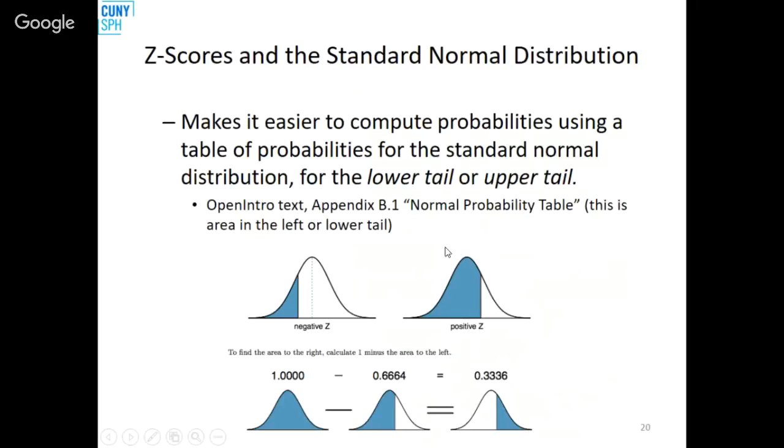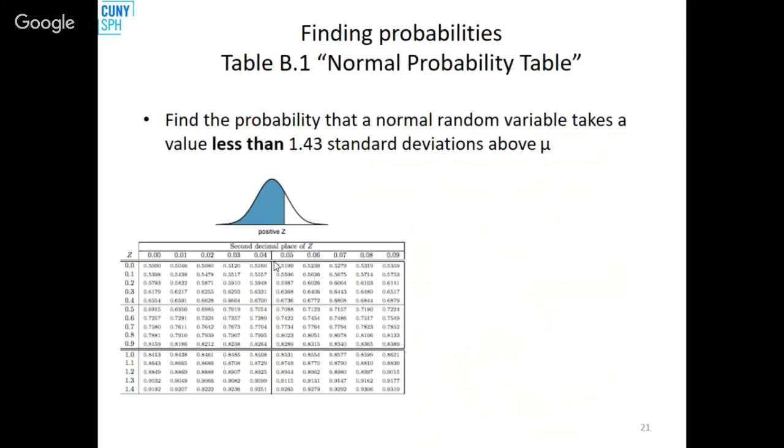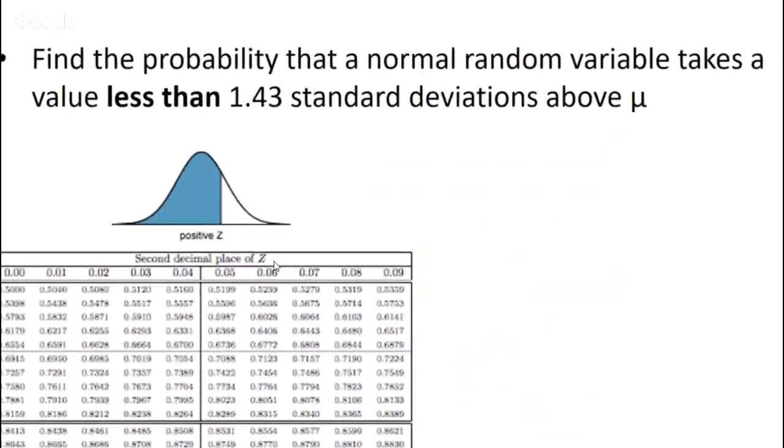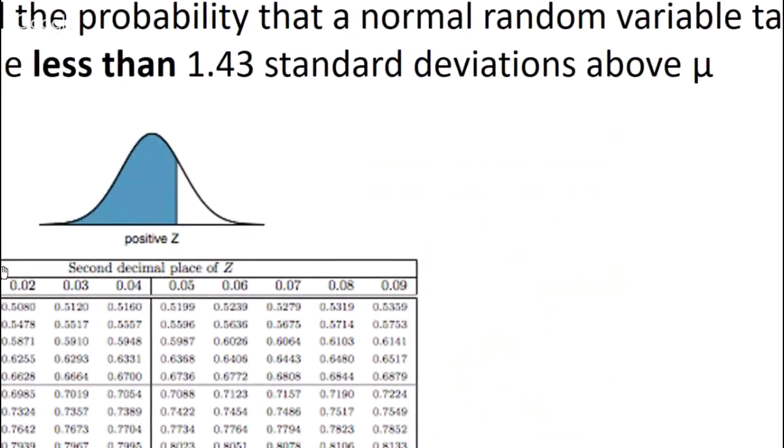Because similarly, if you wanted to calculate this probability for positive z, you could do it by taking the probability for the corresponding negative value and subtracting that probability from 1. Oh, this is small. Okay, maybe see it a little bit better here.